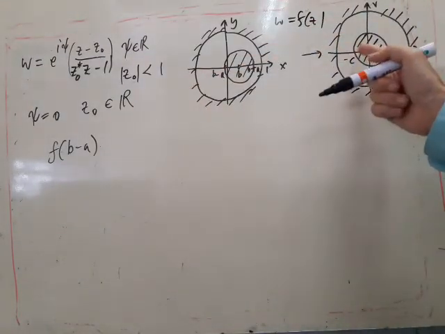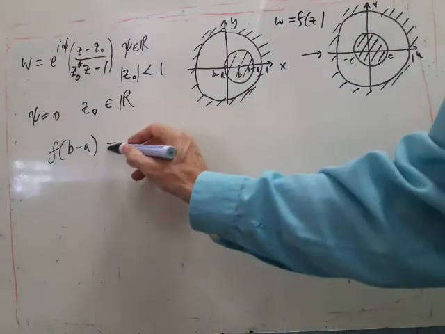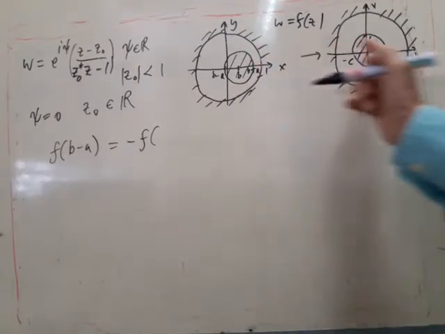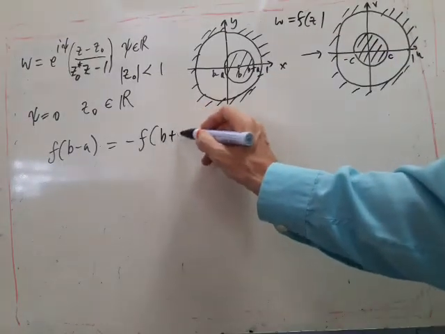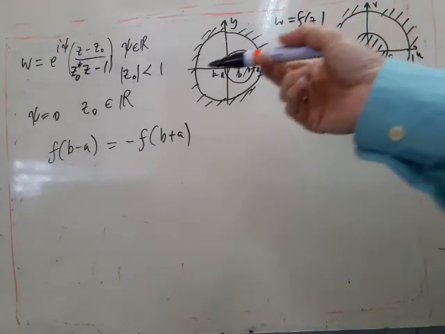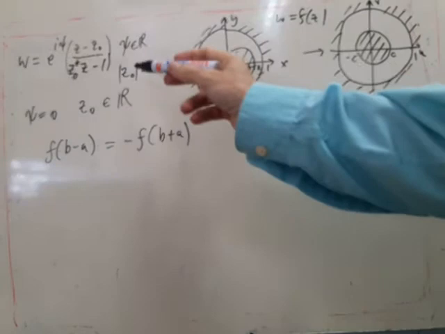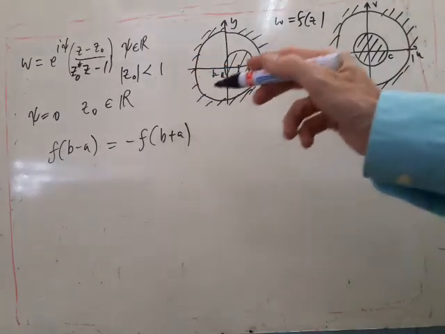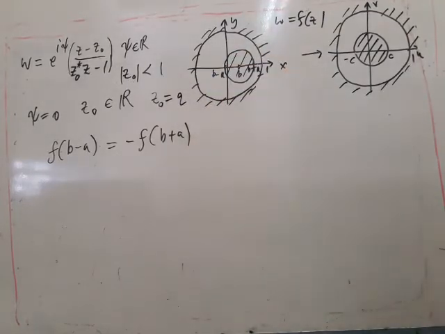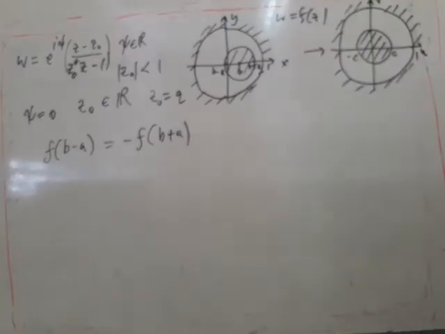Needs to get mapped to either this point or this point, but the crucial thing is that it's minus where b plus a, the other point, gets mapped to. Okay, so I just plug those values in, and I'm going to call my z0 q. So z0 is q, just to have slightly less writing.